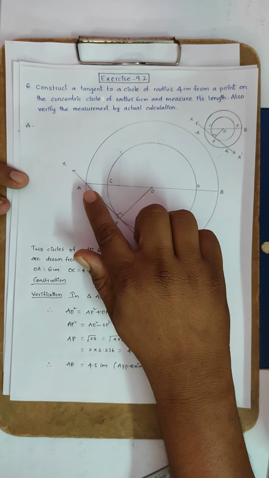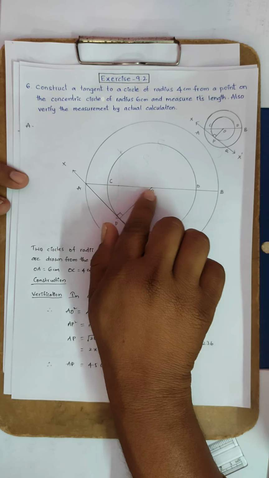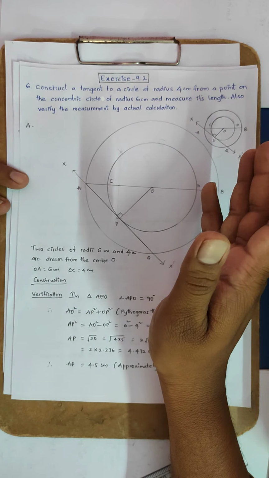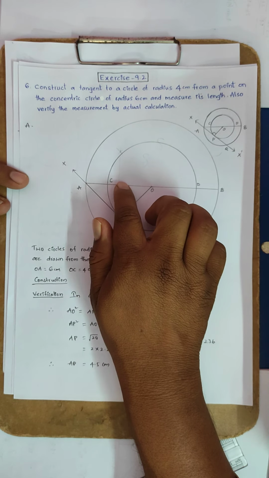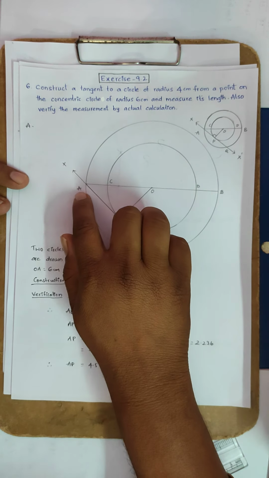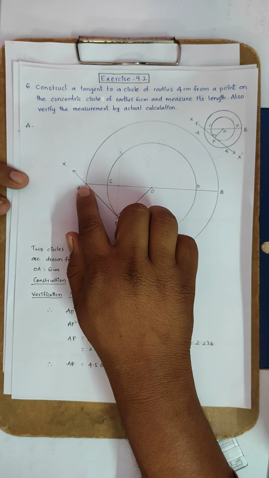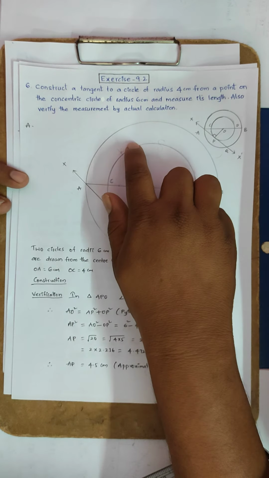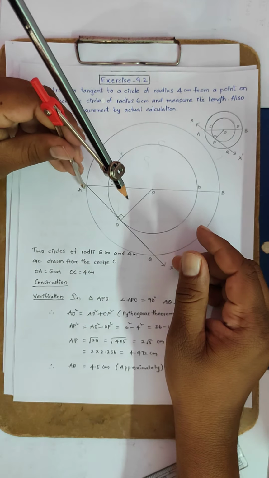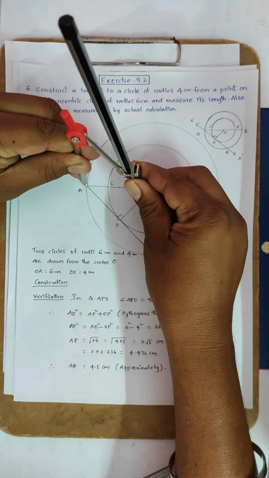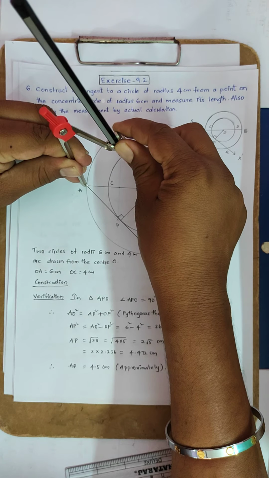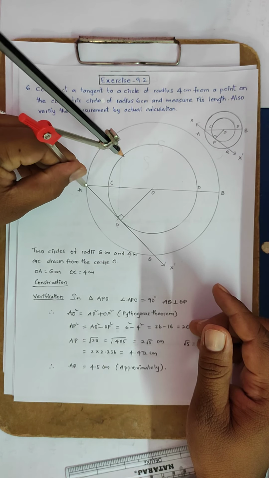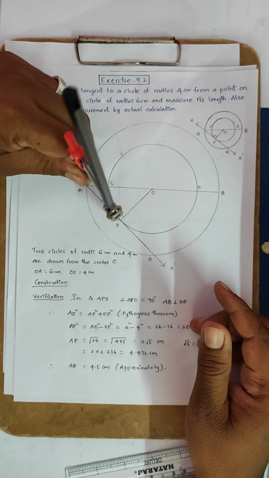For that sake, check this distance AO. Take more than half of the distance AO and draw an arc with the help of point A, above the line segment and below the line segment.